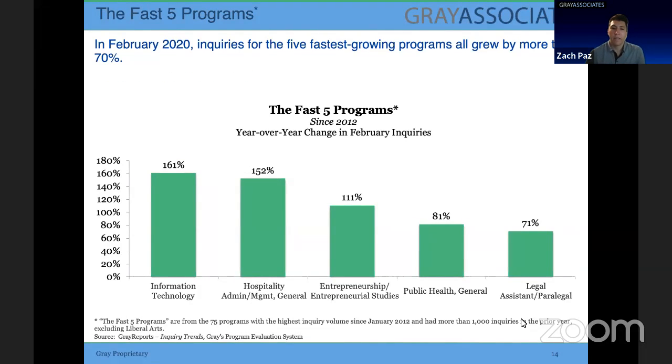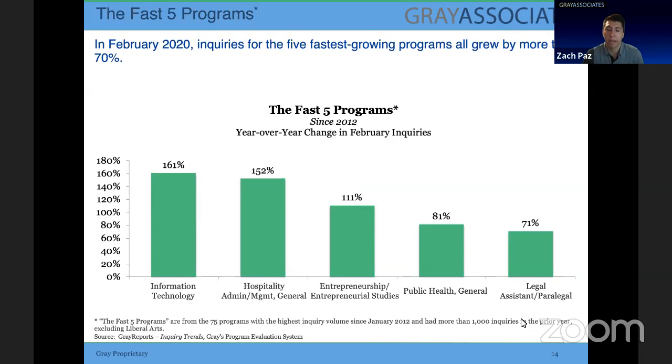Now, taking into account the fastest growing programs with at least 1,000 inquiries in our database, IT is the fastest growing year over year with 161%. And that's the only computer or IT related program that we see on here, which is nice.